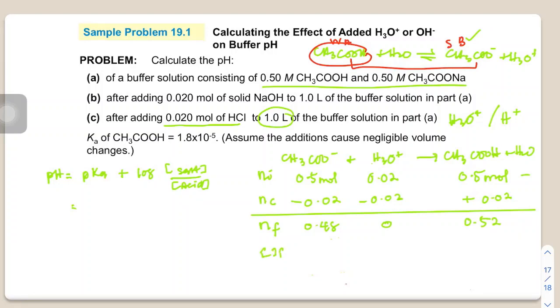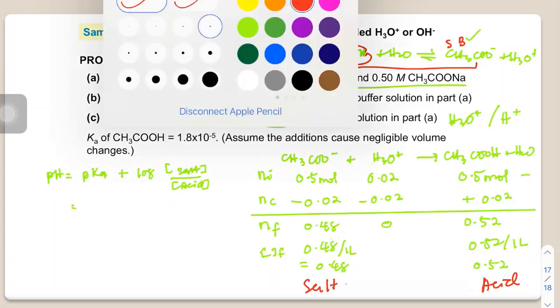Concentration final will be 0.48 over 1 liter, 0.52 over 1 liter. So it is equal to 0.48, 0.52. So to calculate the pH, identify acetate is our salt and this is our acid. So just plug in the value in our equation.